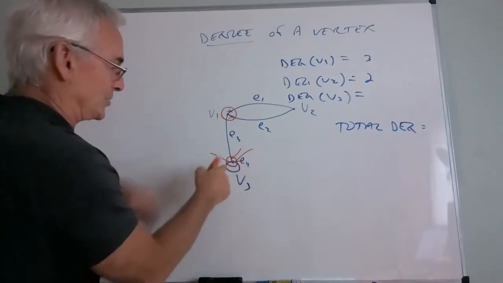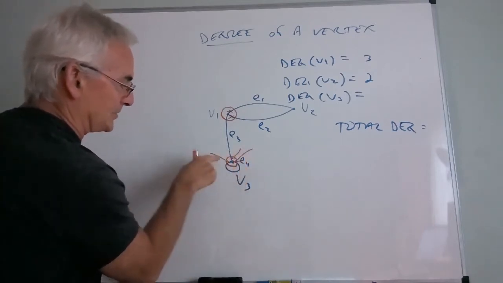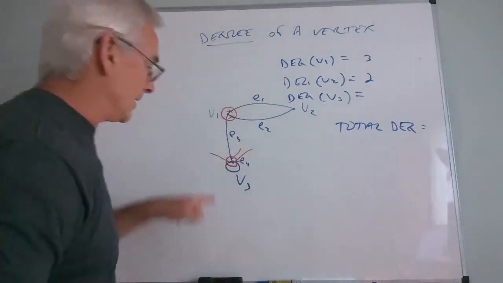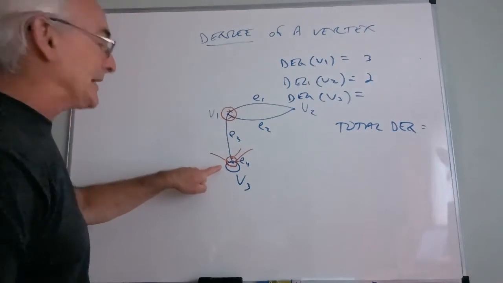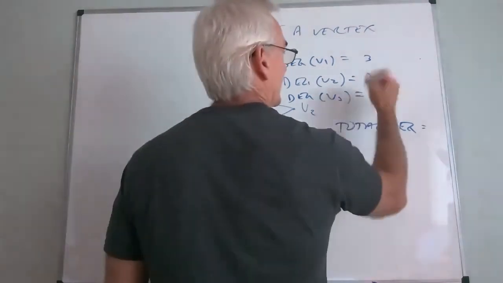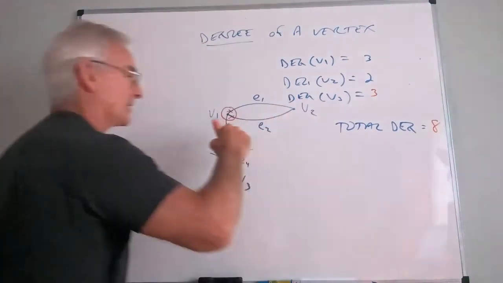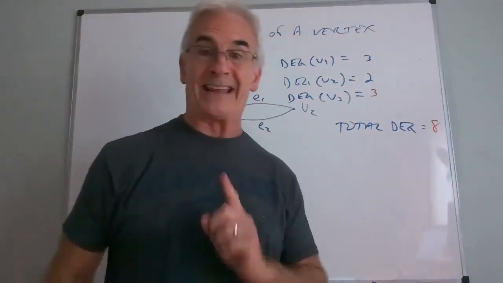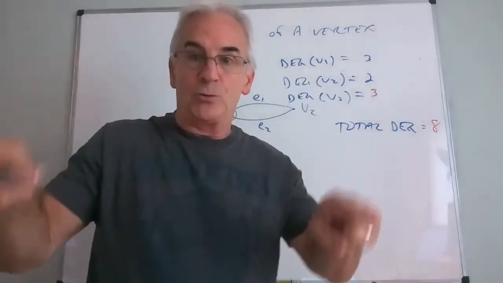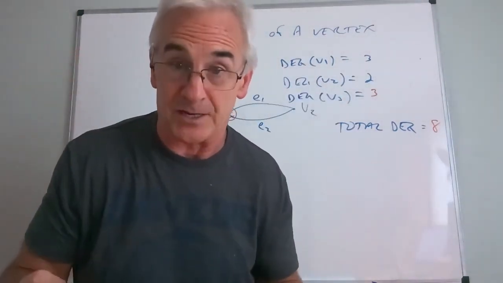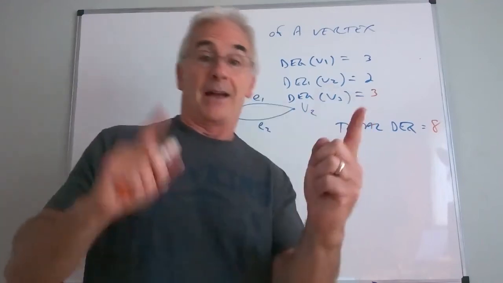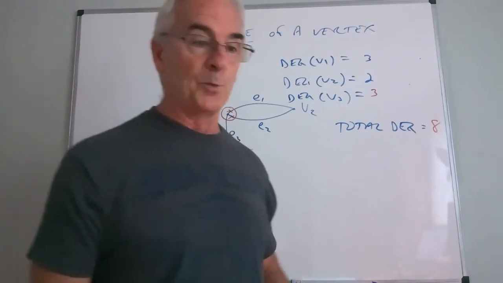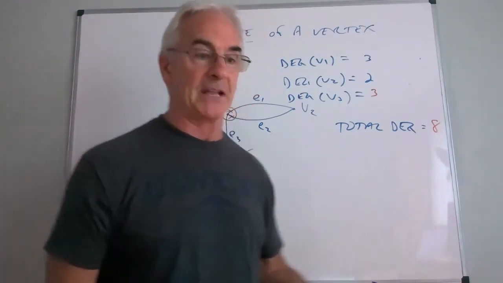It's the same edge, but I'm leaving in this direction and in that direction. So the degree of V3 right now is 3. My total degree now is 8, which is 1, 2, 3, 4. The loop counts as one edge, but because there are 2 different routes I could leave the vertex, I get 2 in the degree count for that vertex. So loops are very important in maintaining the count.